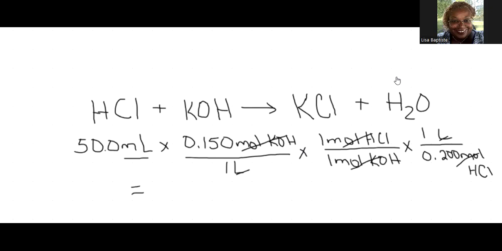So everything that's on the top, we multiply. What's on the bottom, we divide. And so when we do this, we're going to take 50 times 0.150, and then we're going to divide that by 0.2. And when we do that, we get 37.5 milliliters.